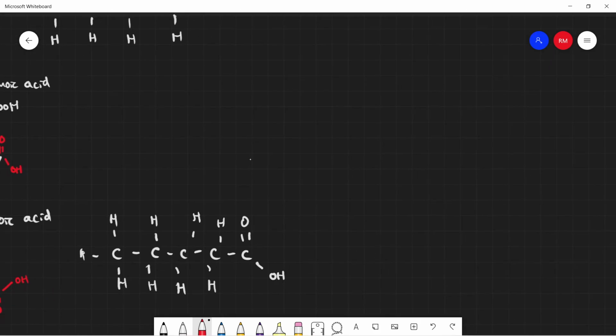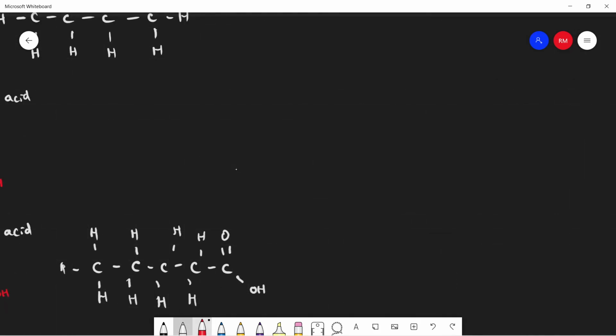Now, what I also want to look at is alicyclic hydrocarbons, alicyclic compounds. It would be good to look at cyclohexane. Obviously, you guys know that this is the displayed formula of cyclohexane.